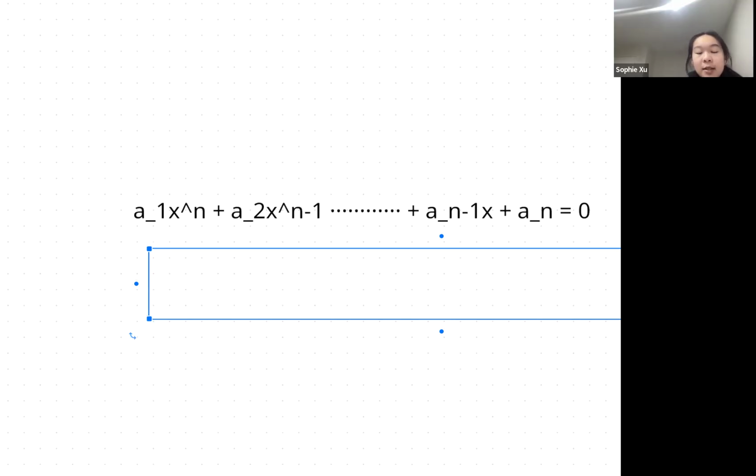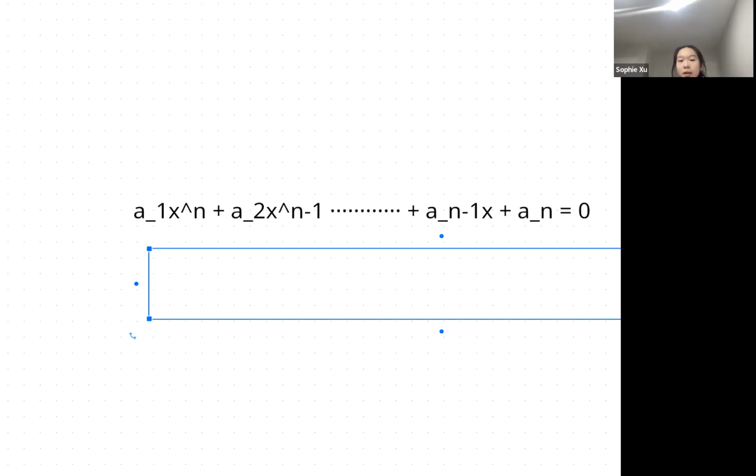The second rule is x1 times x2 plus x1 times x3, and then all the way to xn minus 1 times xn is equal to something.